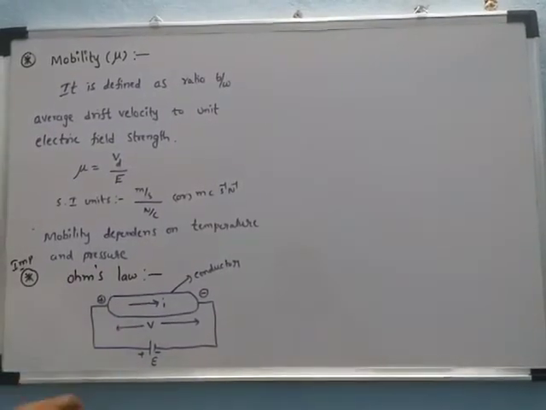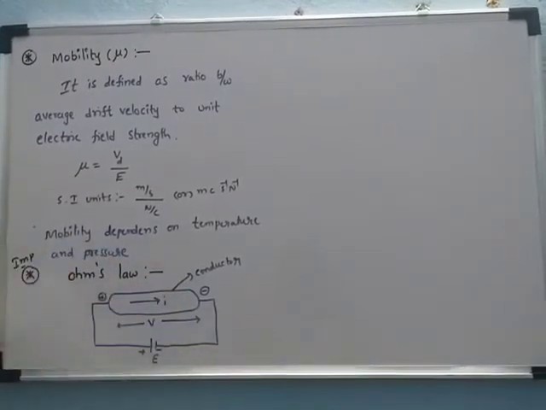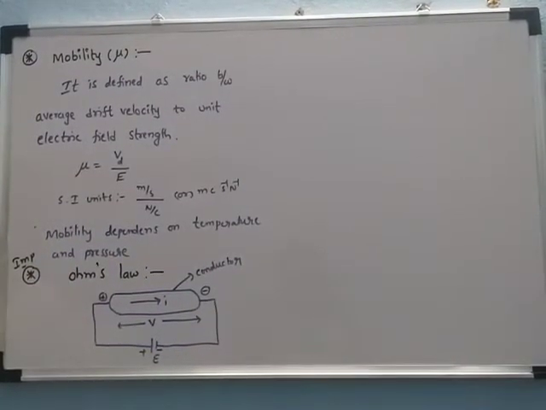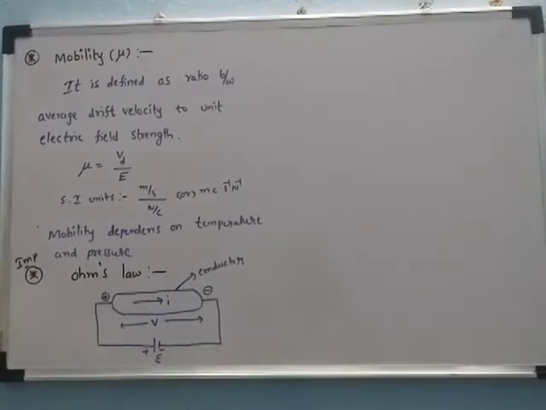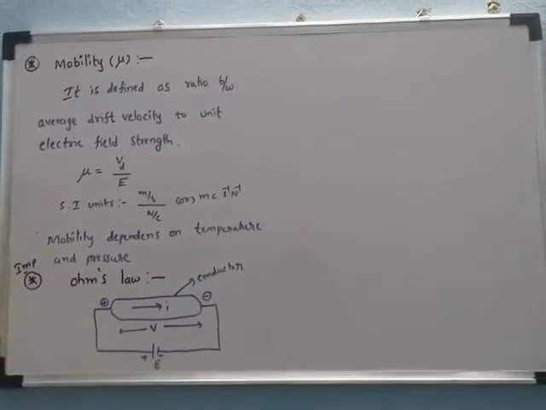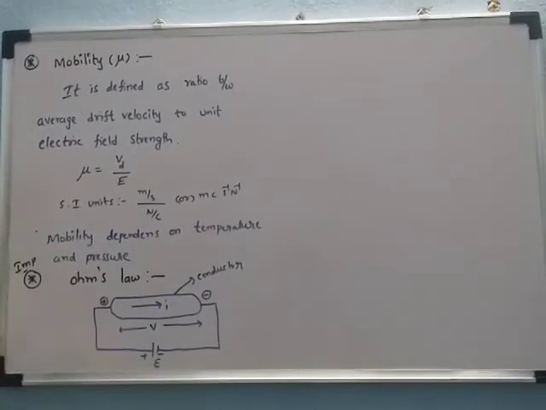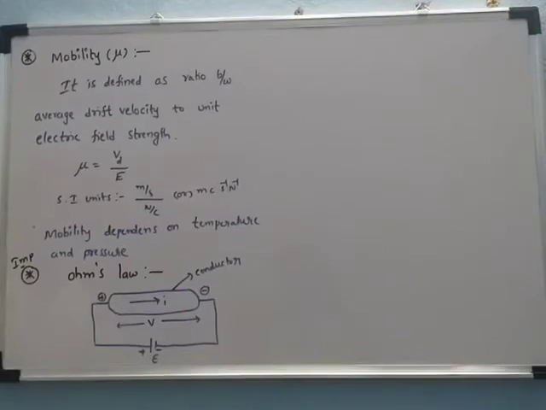That means the current and potential difference change due to external conditions like pressure, temperature and humidity. So we take the physical conditions as constant, like temperature, pressure and humidity.